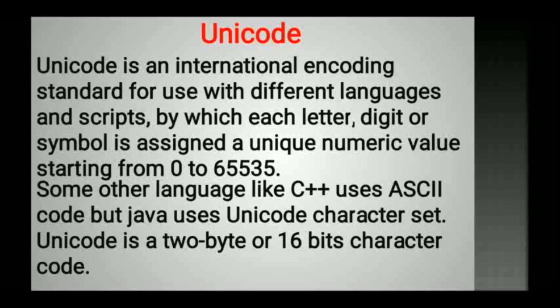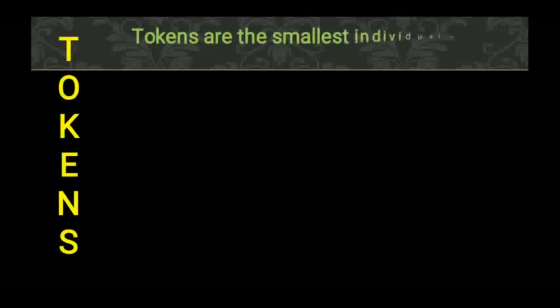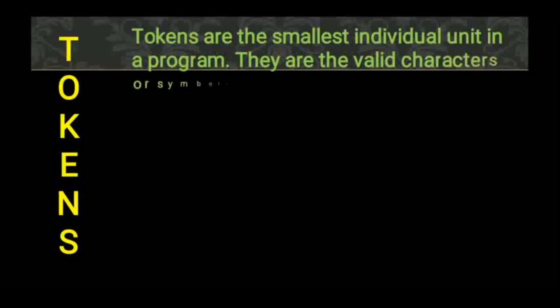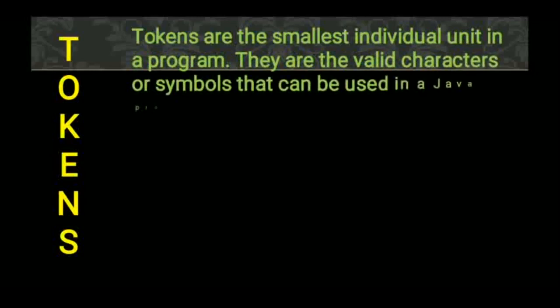Now the next topic is tokens. The tokens are the smallest individual unit in a program. They are the valid characters or symbols that can be used in Java.